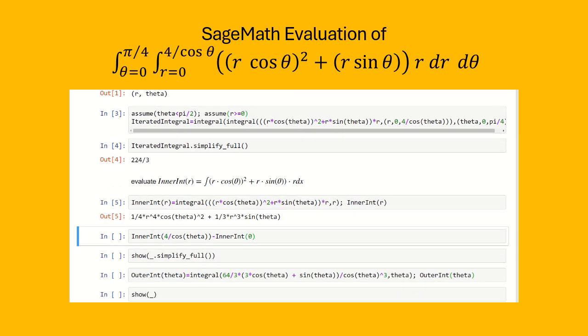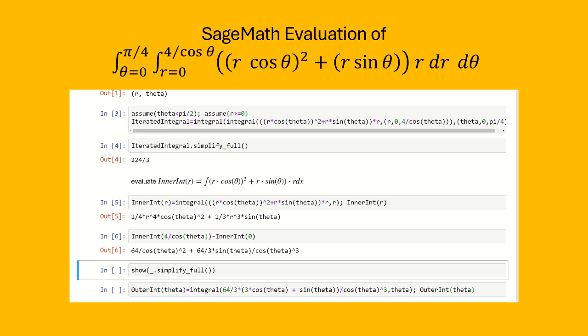Next thing I want to do is to evaluate that antiderivative, this inner integral, at 4 over cosine theta minus that antiderivative evaluated at 0. Here we're using the fundamental theorem of calculus to calculate that definite integral on the inside.